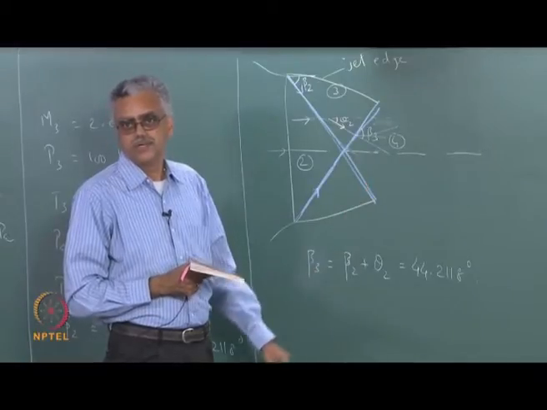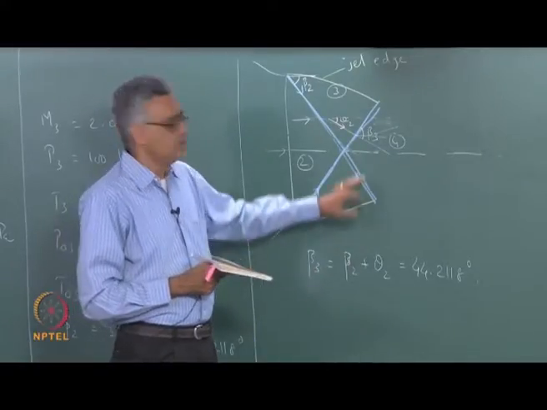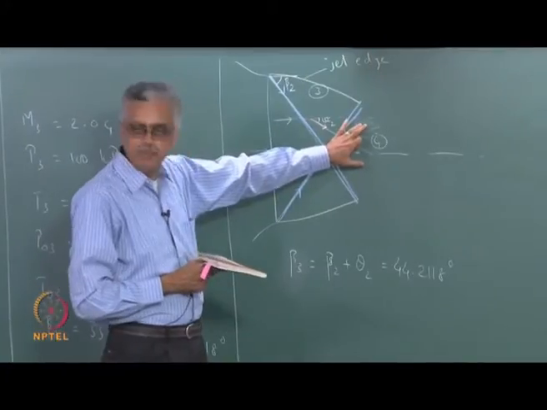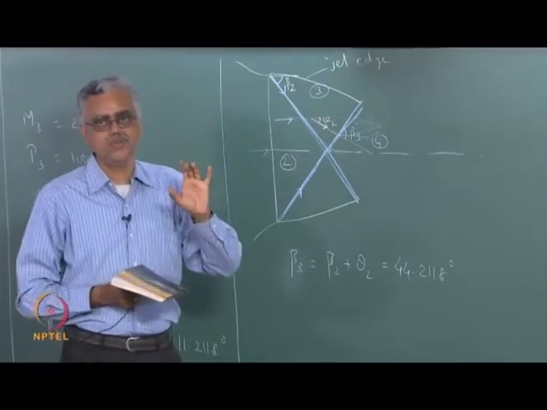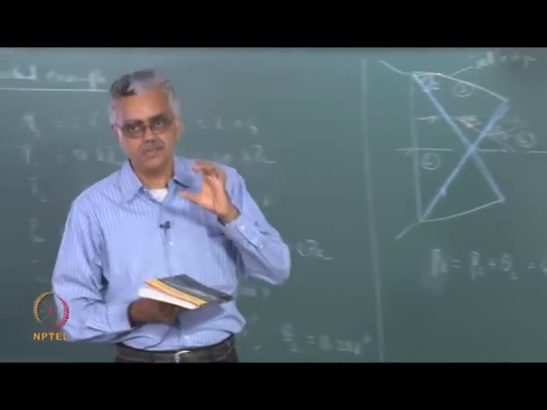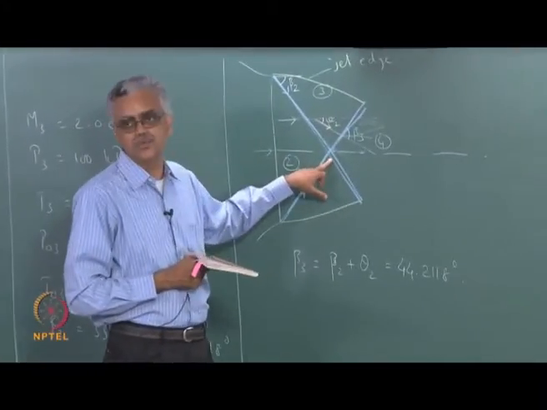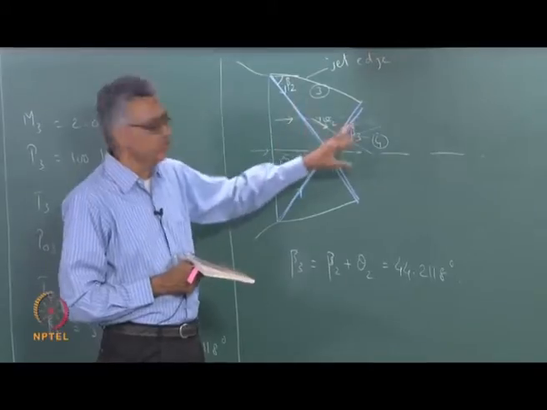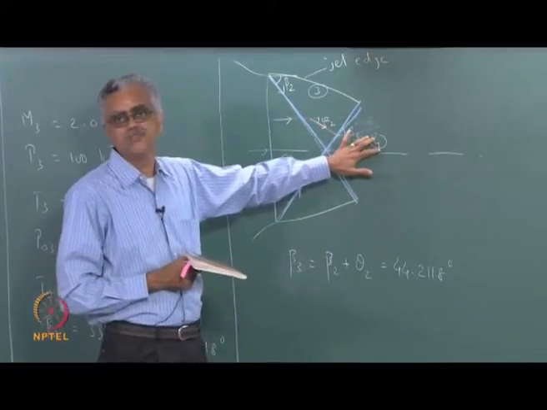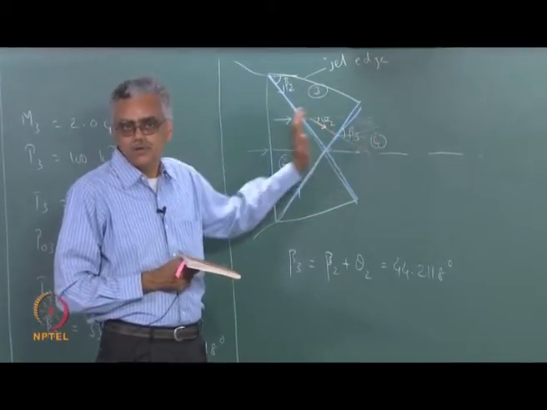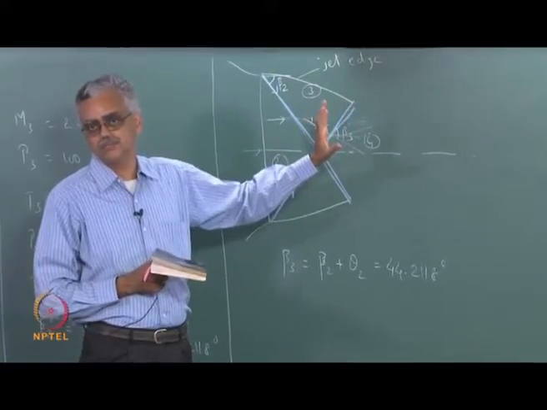Flow need not become parallel to the original axis here. Intersection of shock waves is a much more complex phenomenon which we cannot deal with in our course. So we are neglecting any changes due to the intersection of the two shock waves. We are assuming that this is another shock wave. This will give us a very good idea of what is going on in such a situation.